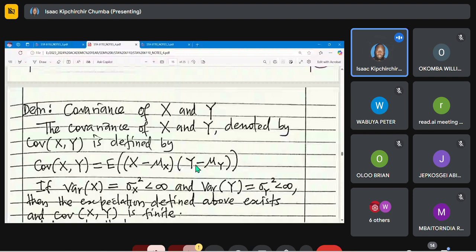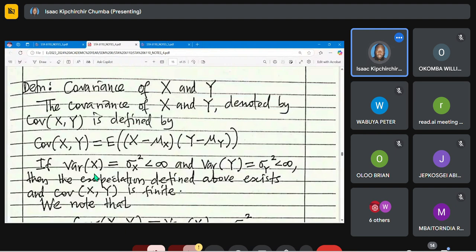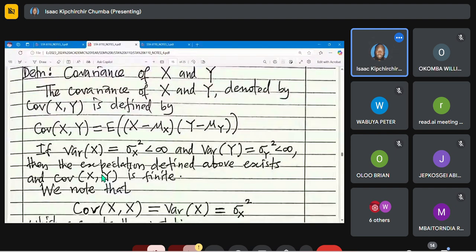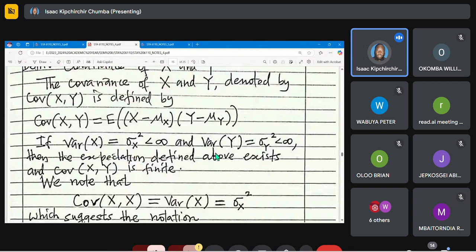Now, for the individual random variables, as we have seen, we are using mu X for the mean of X and mu Y for the mean of Y. Also, we have their corresponding variances. We shall use sigma X squared to denote variance of X. We shall use sigma Y squared to denote variance of Y. If the variance of X and variance of Y are finite, then the expectation defined above exists.